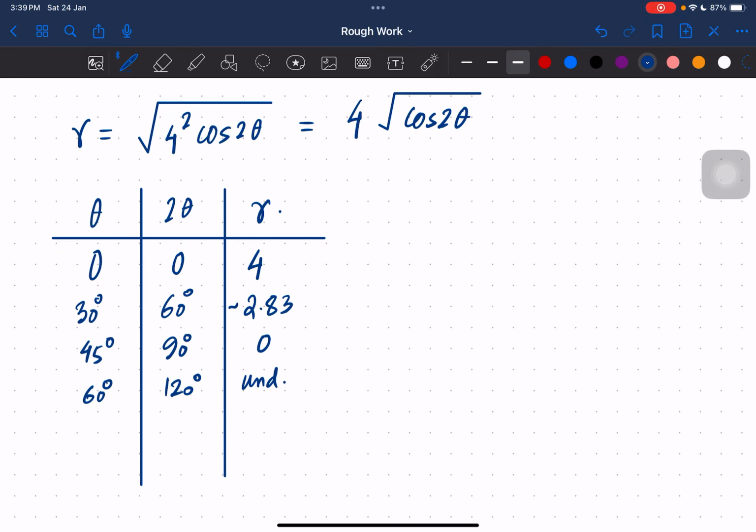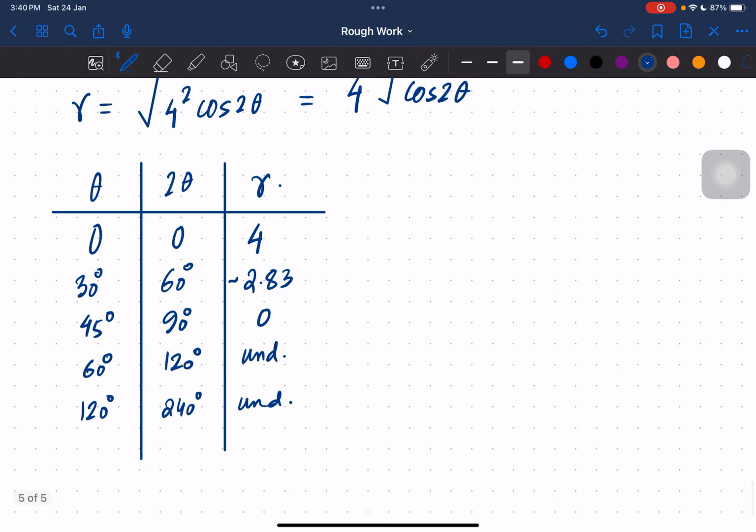Similarly, you can check for 90 degrees, it is also undefined, and it will go up to 120 degrees, because at 120, 2 theta will be 240 degrees, and it will be undefined. Next we go to 135. At 135 degrees, 2 theta is 270 degrees, and the value is 0.